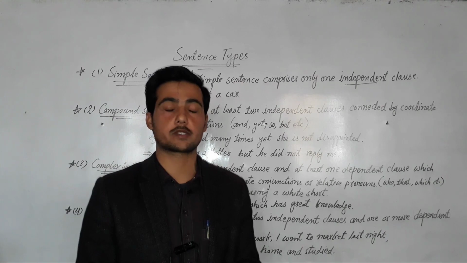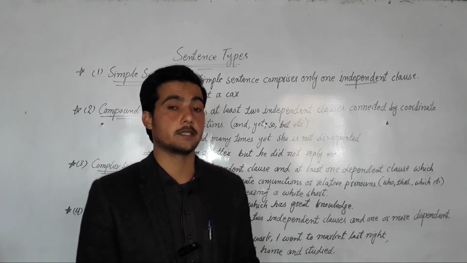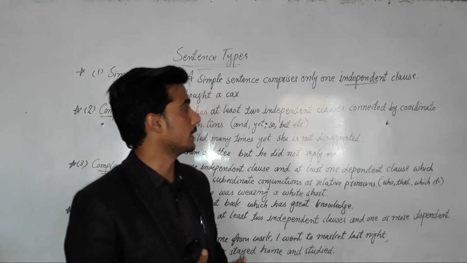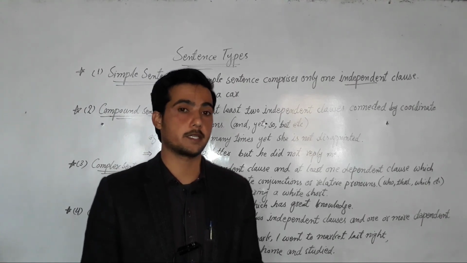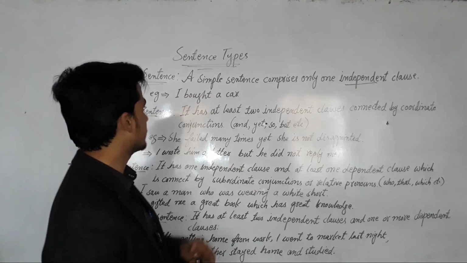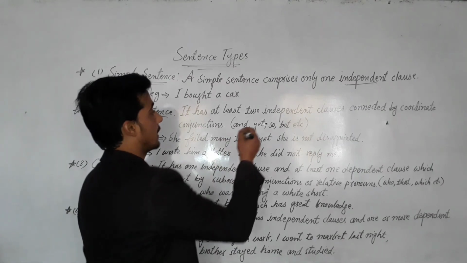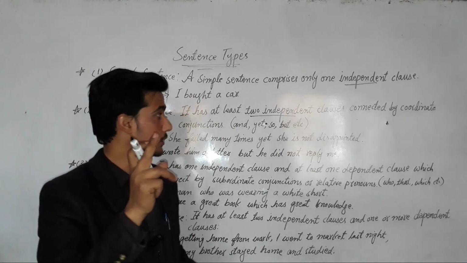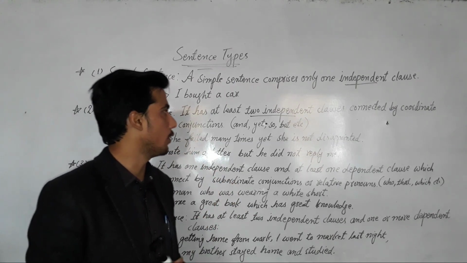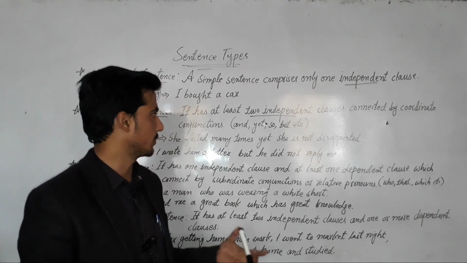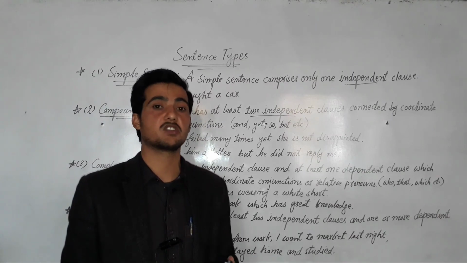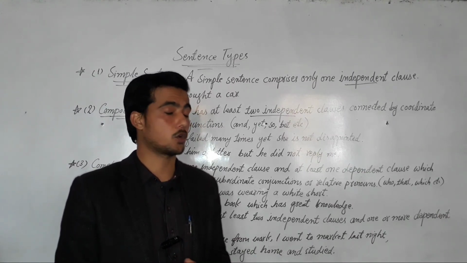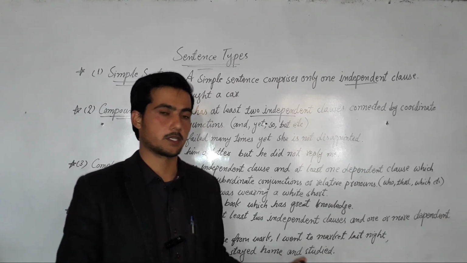An independent clause is one which can stand alone as a sentence, or we can say that it does not depend on another part of a sentence. So a compound sentence will be that kind of sentence which consists of two independent clauses joined by the help of coordinate conjunctions. Let's suppose yet, and, so, but. These are coordinate conjunctions.